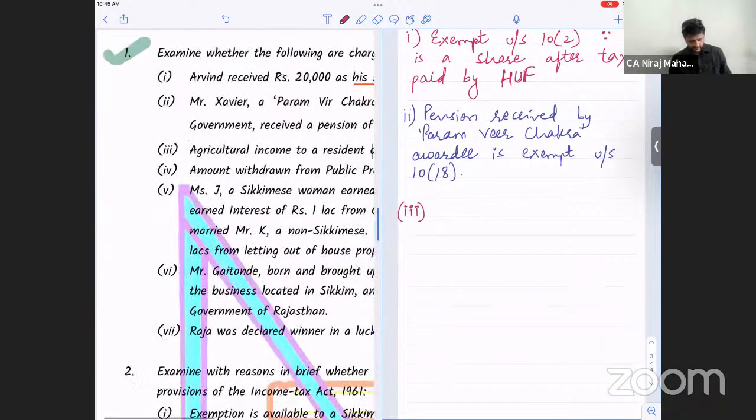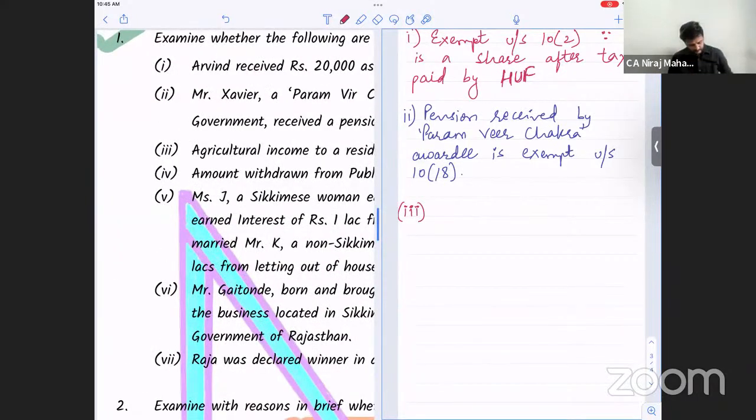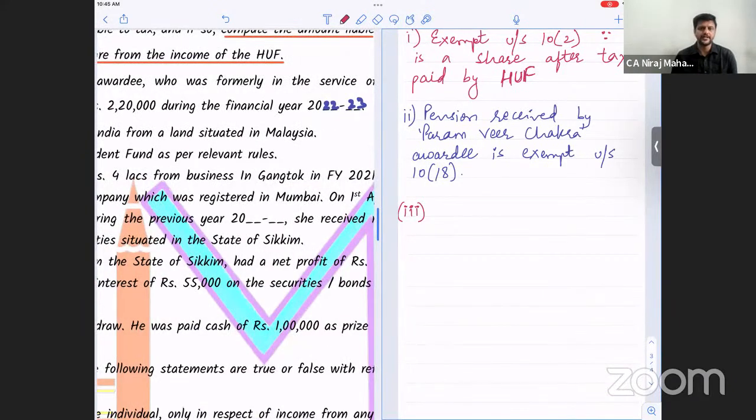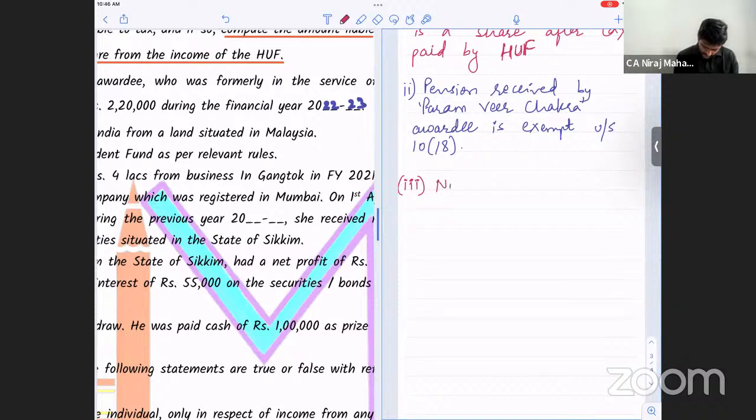All right. Okay, everybody. Third one. Agricultural income to a resident of India from a land situated in Malaysia. Not exempt because the land is not in India. Okay. So it's not exempt under section 10(1) since land is outside India.